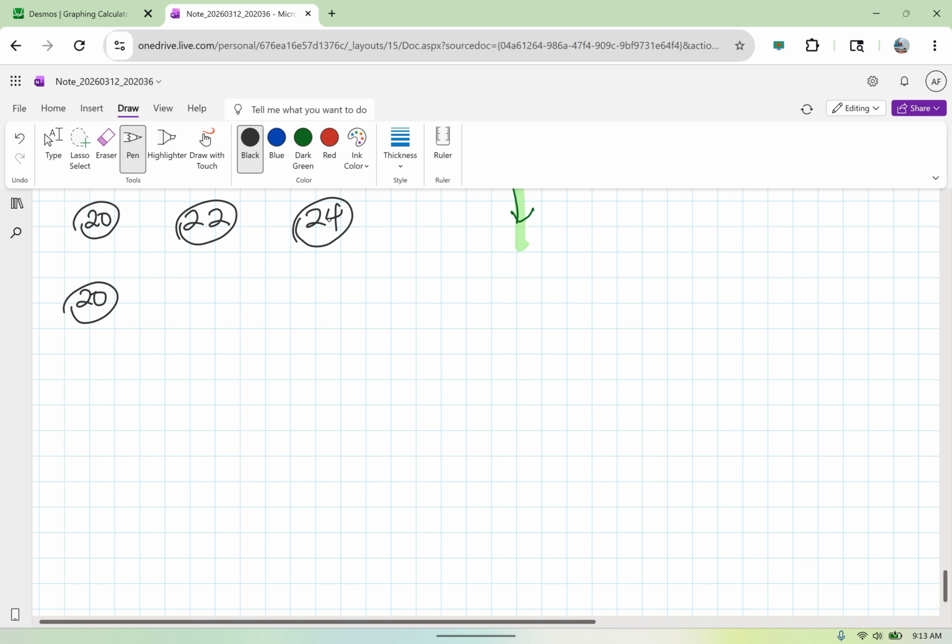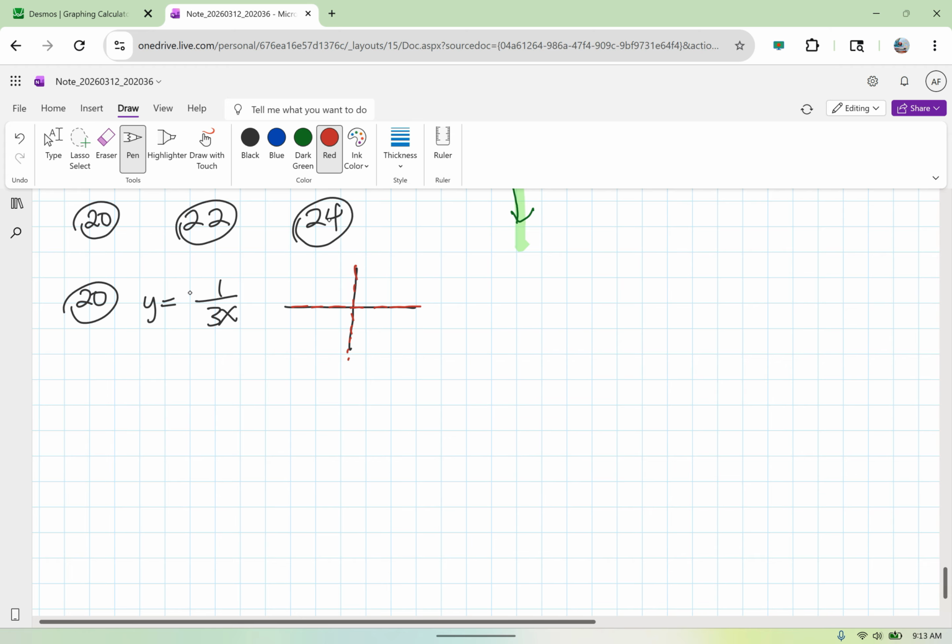So equation 20, we have y equal to 1 over 3x. In this case, I'm just doing quick mini graphs. I don't have an h or a k, which tells me that my asymptotes are at 0 again.